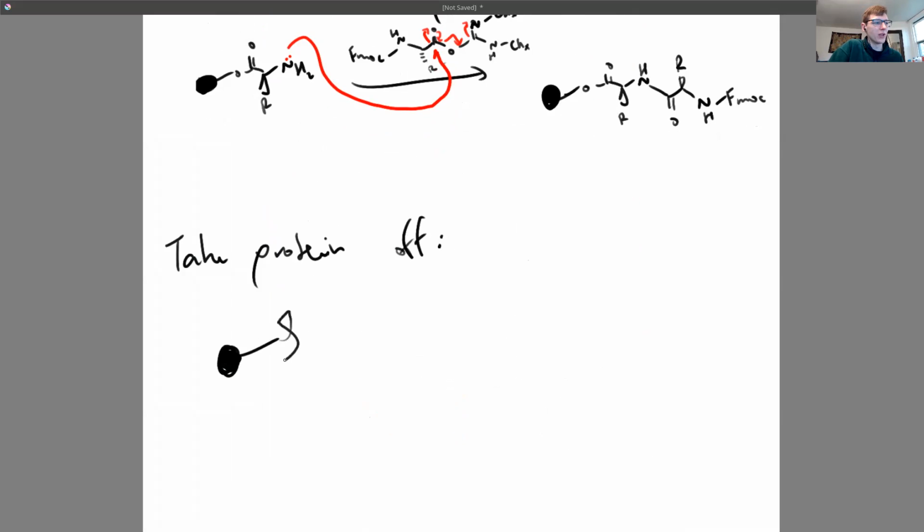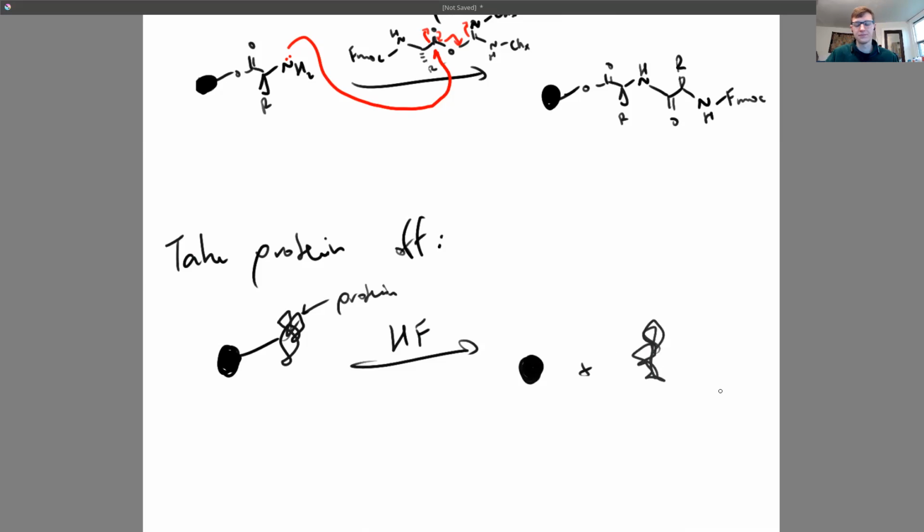And then you have this whole protein. It's this whole complicated, tied up mess. You just add HF. It's really nice. You just add HF, and that's it. So that's all you do.